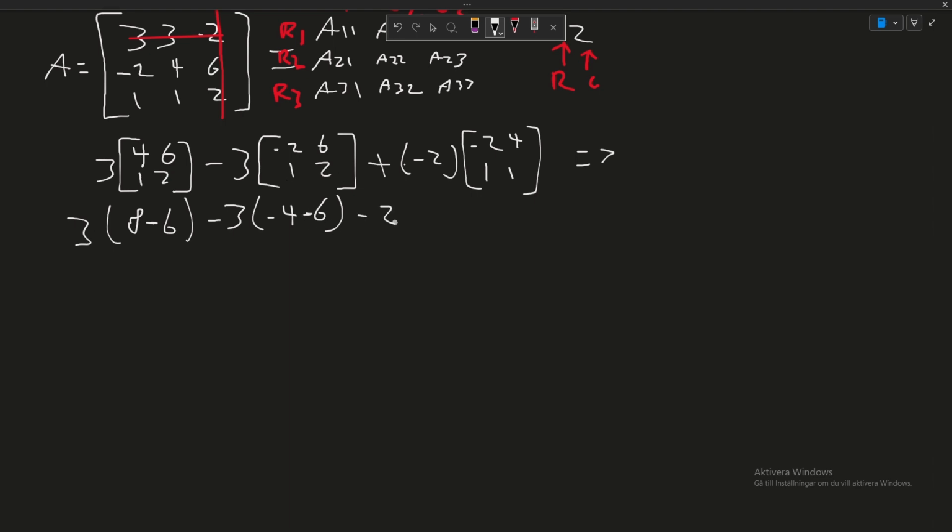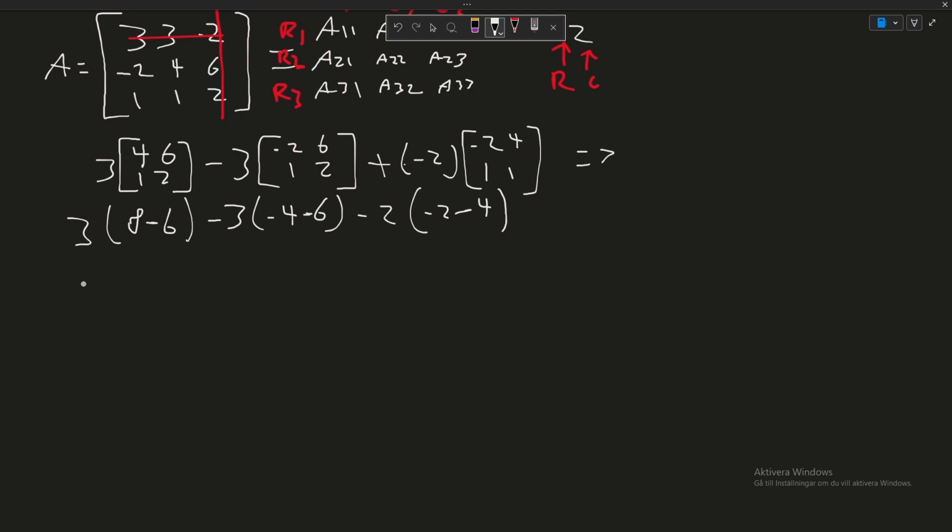And then we have -2 times 1, the diagonal here, which is -2. And then we're going to subtract by 1 times 4, which looks like this.